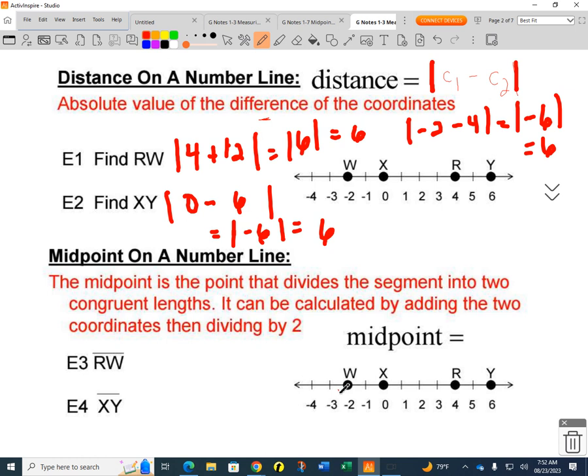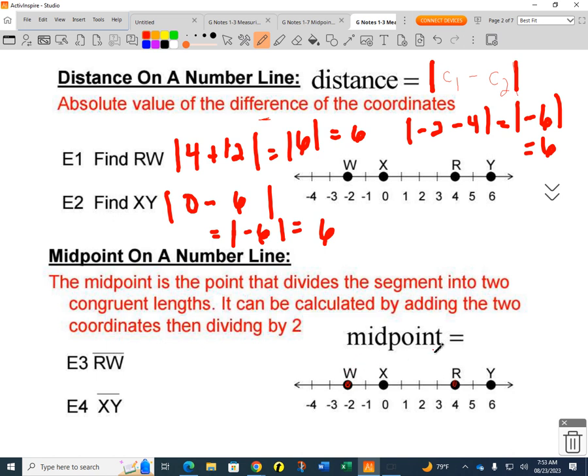No? Okay, so let's look at this definition here first. The midpoint is the point that divides the segment into 2 congruent lengths. So we're looking at this point and this point. What is the middle point there? Well, we've already found that the absolute value between W and R is 6.